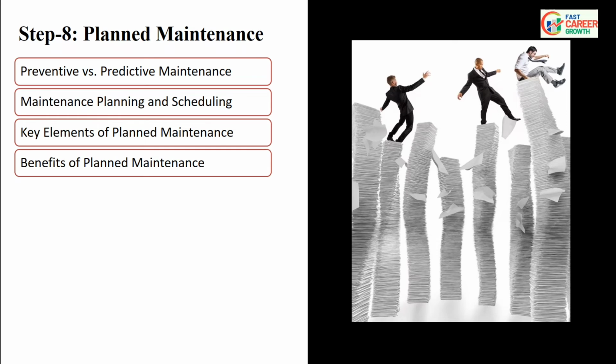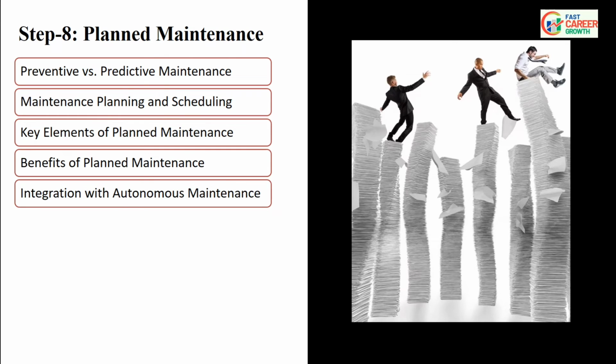Integration with autonomous maintenance. Explain how planned maintenance integrates with autonomous maintenance. Autonomous maintenance activities often feed into the planned maintenance schedule. Technology and tools. Use of technology and tools for maintenance planning and scheduling. This could involve computerized maintenance.